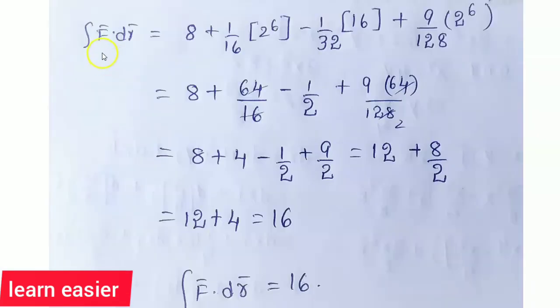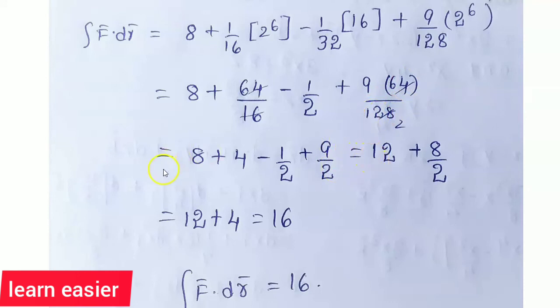Next, finally we got the integral of f bar dot dr bar equal to 8, which is 2 cube, plus 1 by 16 into 2 power 6, minus 1 by 32 into 2 power 4, which is 16, plus 9 by 128 into 2 power 6. Here you can see 2 power 6 is 64. So 64 by 16 can be cancelled out, 16 fours, so 4 here. Here we have 16 by 32, so minus 1 by 2, plus 2 power 6 is 64, so 64 2s, we got 9 by 2 here.